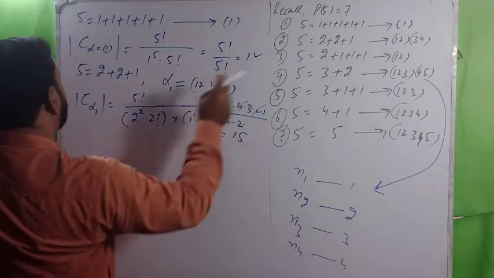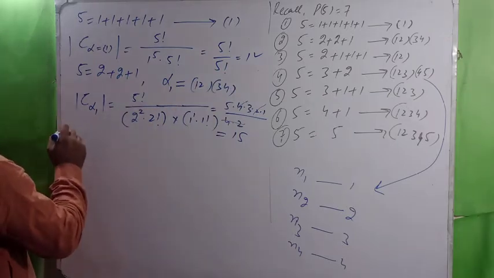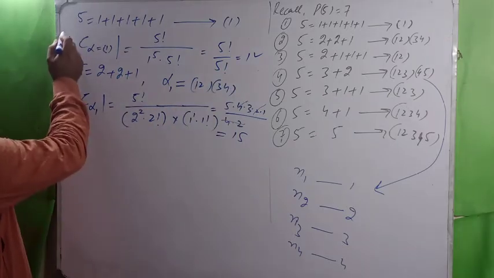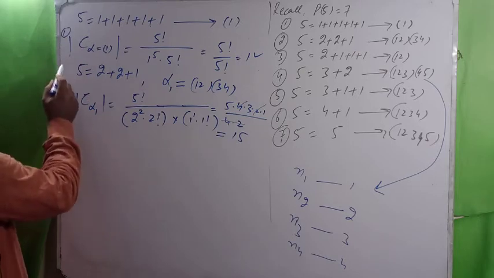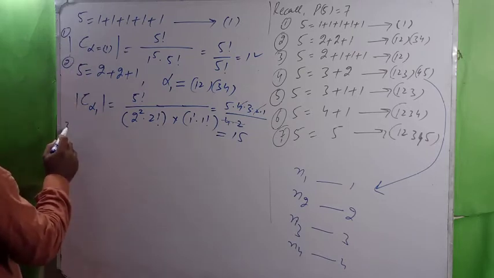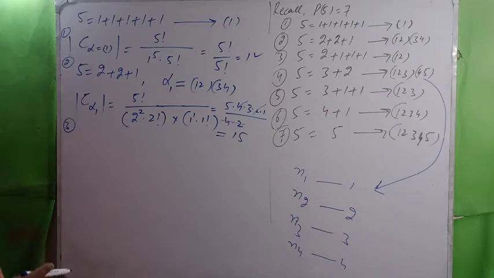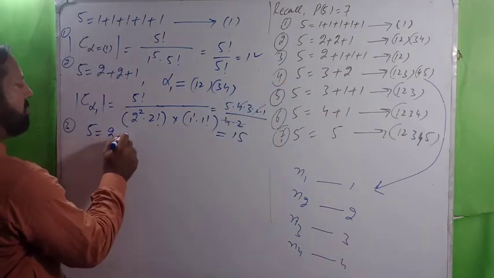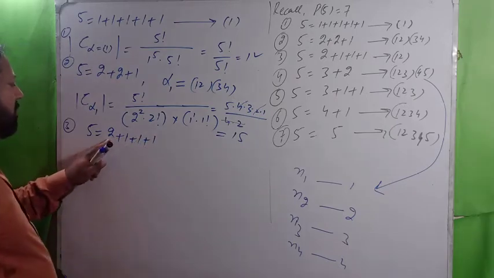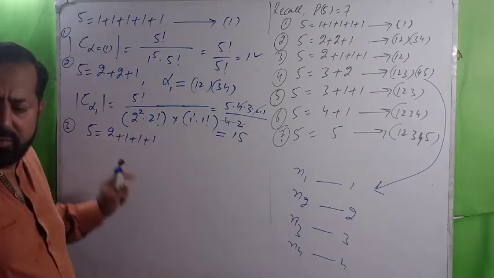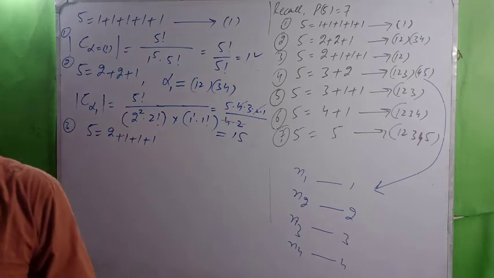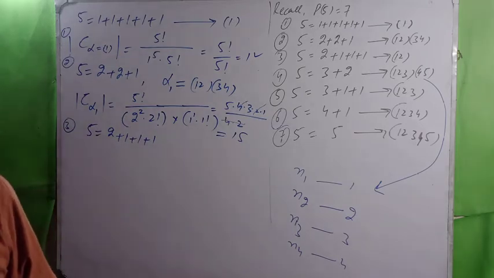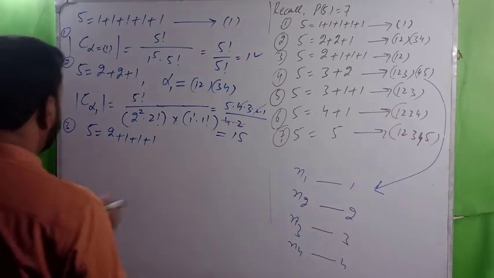This was case 1, this was case 2, now for case 3: 5 is equal to 2 plus 1 plus 1 plus 1. You have 1 part of size 2, okay, 2 plus 1 plus 1, so this is 2 power 1 into 1 factorial.